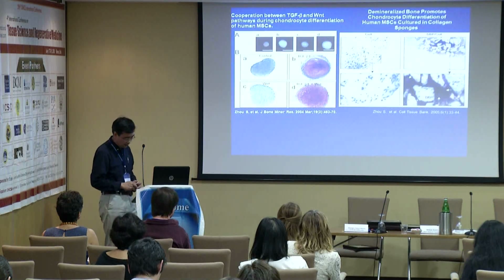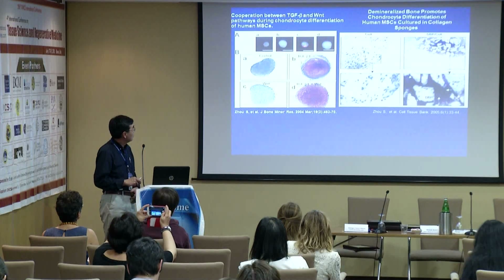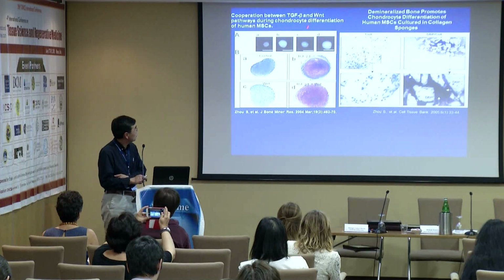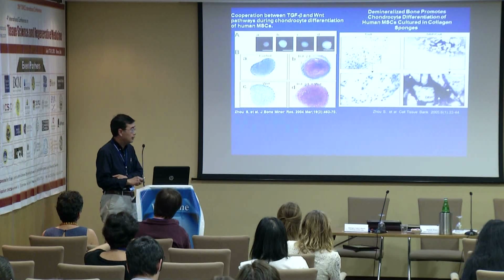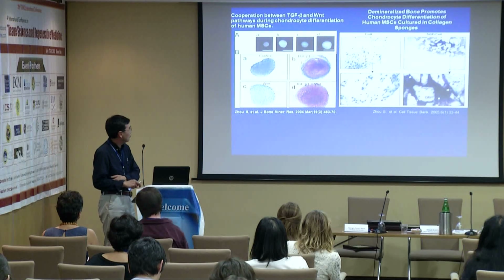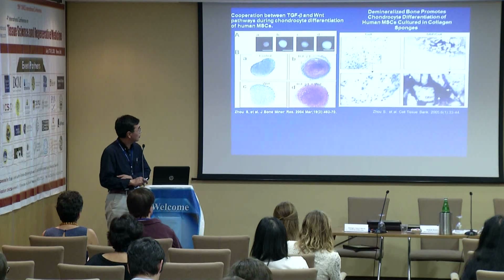Several years ago, we published a paper showing that differentiation of mesenchymal stem cells to chondrocytes can be stimulated by TGF-beta and Wnt. TGF-beta and Wnt can cooperate to stimulate MSCs to become chondrocytes.